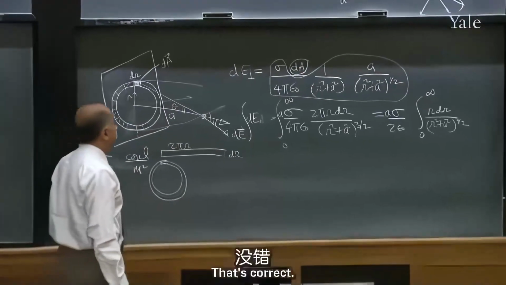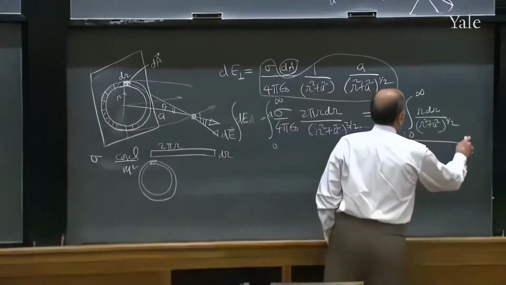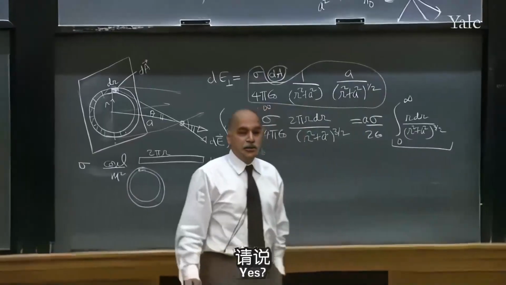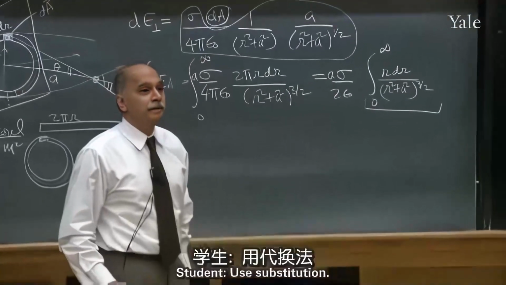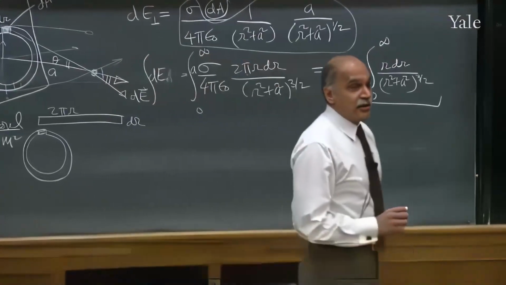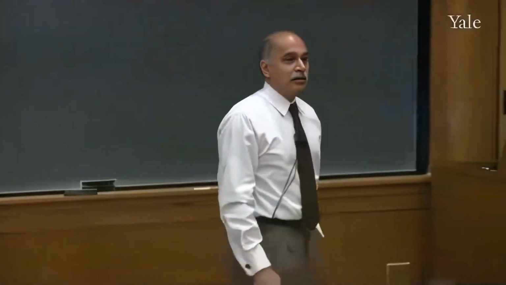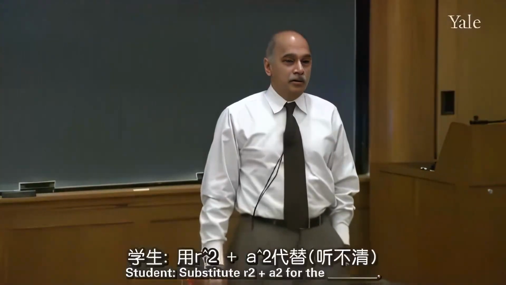That's correct. Okay, so now, how about this integral? You have any idea what you might do now? Yep. U substitution? Right? U substitution is a pretty safe answer, but you got to go a little beyond that. Substitute r squared plus a squared for u over 2.